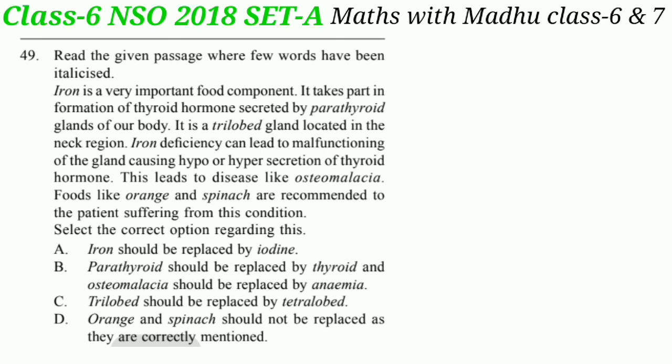Foods like orange and spinach are recommended to the patient suffering from this condition. Actually, foods like iodized salt and seafood are recommended to the patient suffering from this condition. So the answer will be option A. Iron should be replaced by iodine.